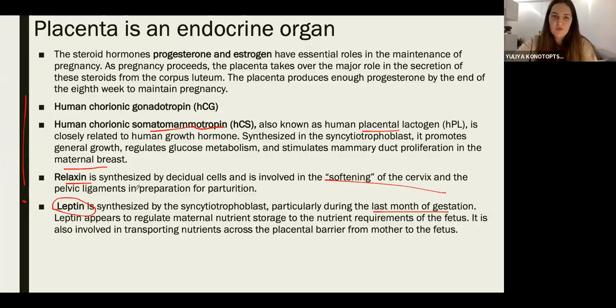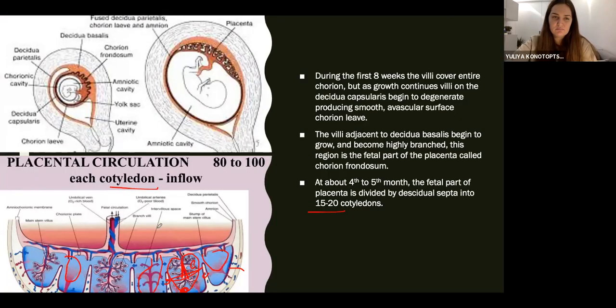Cotyledon is the entire thing. The decidua is located here, right? So somewhere here is where the cotyledon will be, because it is one tertiary villus with whatever is outside.